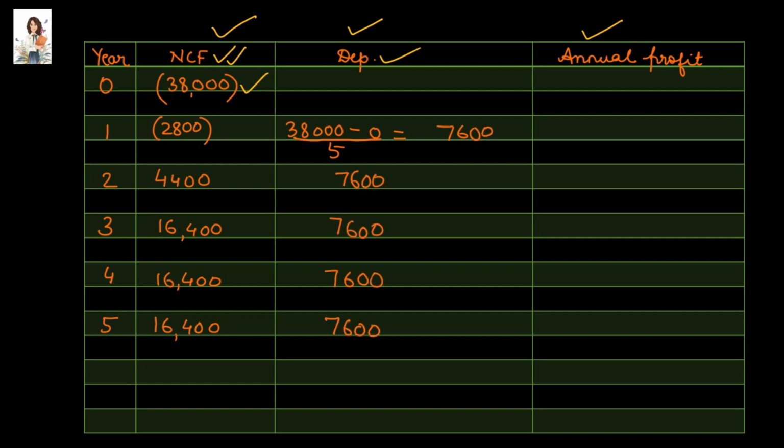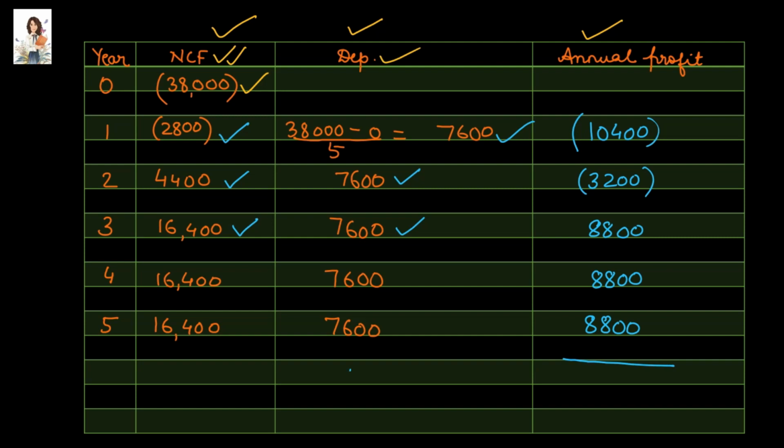So, annual profit for year 1 will be negative 2,800 minus 7,600. That means negative 10,400. Profit for year 2 will be 4,400 minus 7,600. That is negative 3,200. Profit for year 3 will be 16,400 minus 7,600, 8,800, and this profit will remain the same for years 4 and 5 as well.